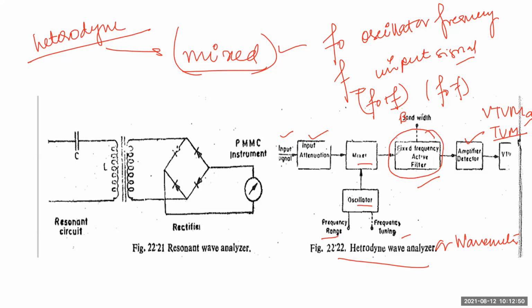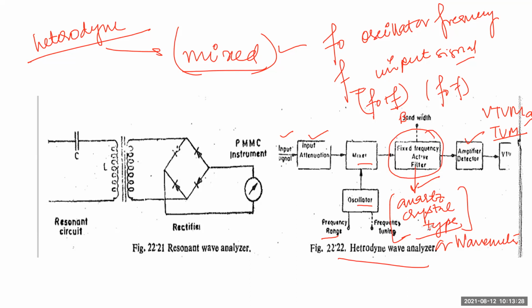This active filter is of the quartz crystal type, and this circuit ensures that the constant frequency signal corresponding to the particular harmonic being measured is passed through the filter and metered by the metering circuit.